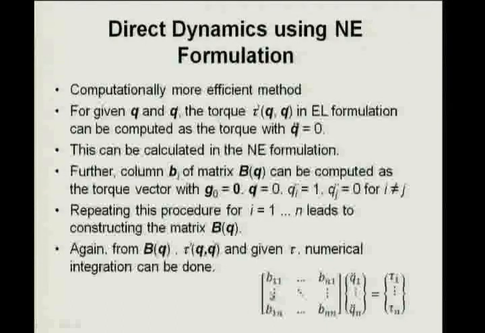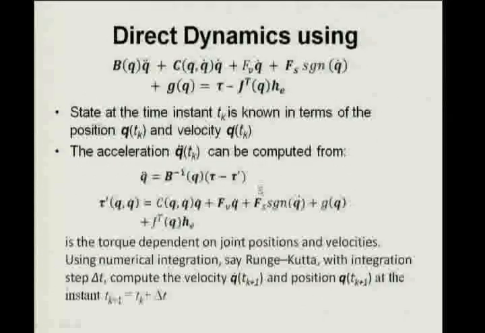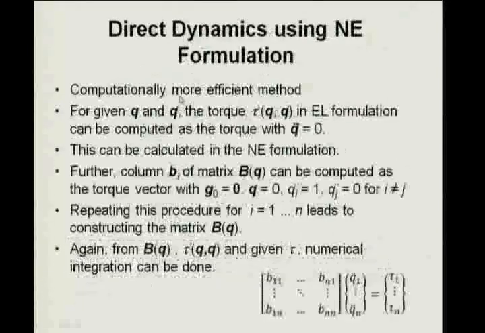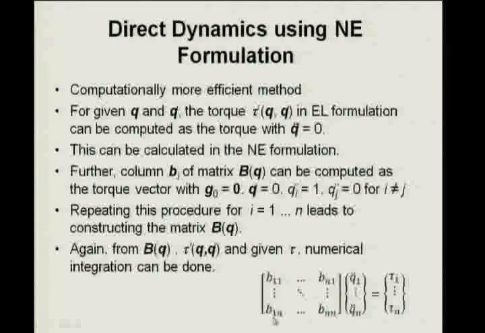In the next row B21 will get multiplied by q1 double dot, and I will get tau 2. So, when I set q dot equal to 0 and the other q double dots equal to 0, this term goes to 0, this term goes to 0, this term goes to 0, and I am ignoring the gravity terms. So, essentially I land up with this element, then this element, and then this element when I calculate the torque with this parameter.